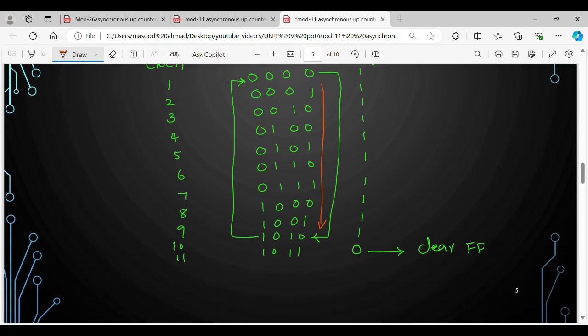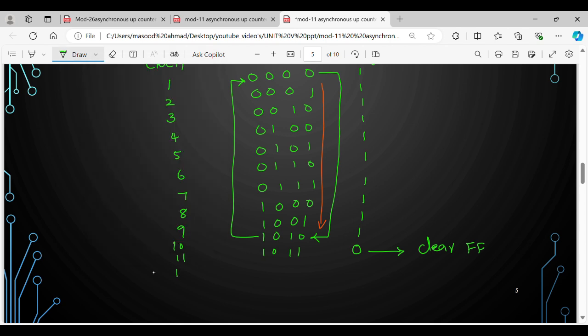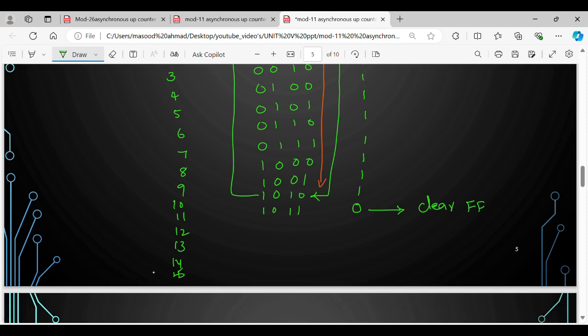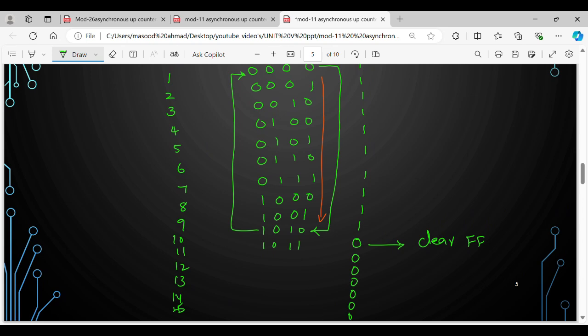What about the rest of the cases? Rest of the cases like 12, 13, 14, 15 and 16. I can define for all the rest of the cases my output should be 0. So the meaning of that is, if anything other than 0 to 10 is there in the register and if you give the clock, by default it clears.